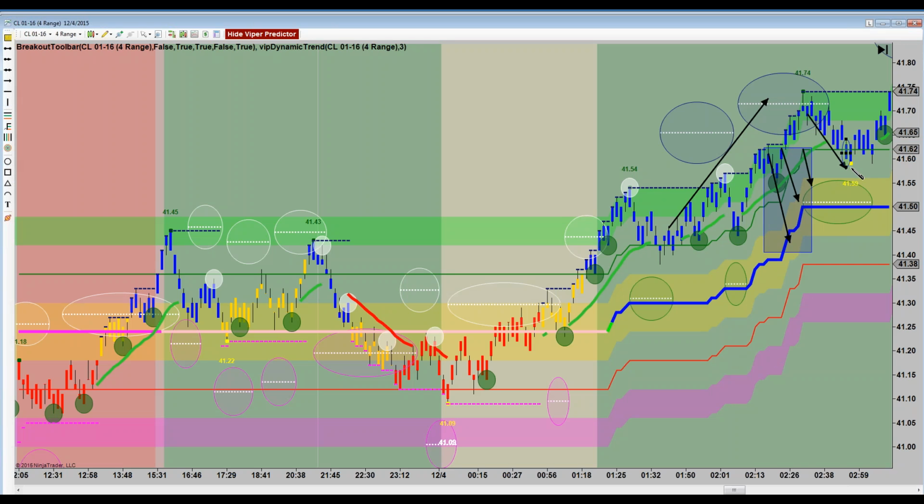There's bar number 1. 1, 2, 3, or 4. Which one of those 4 bars is the entry bar off the retracement?